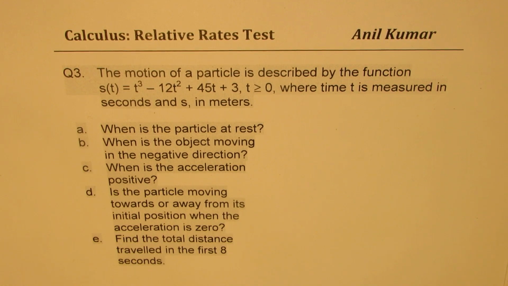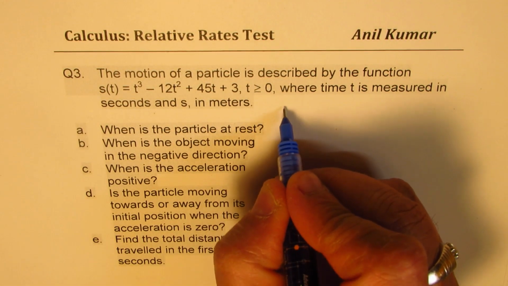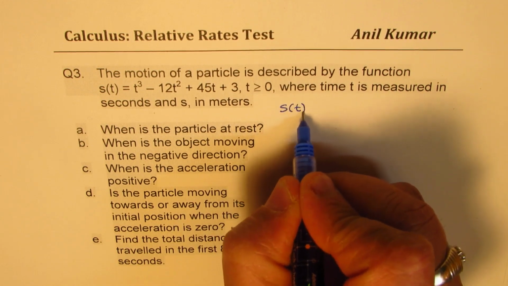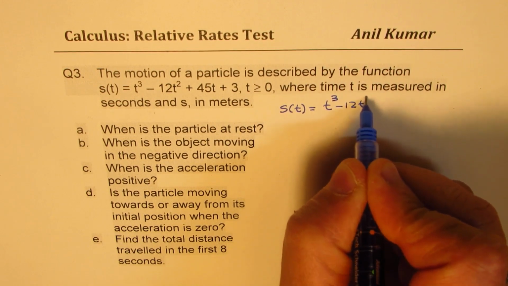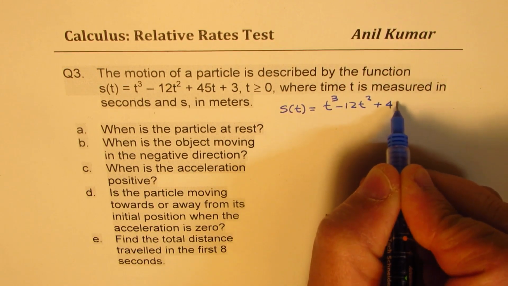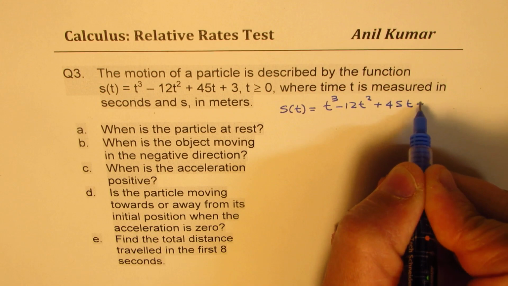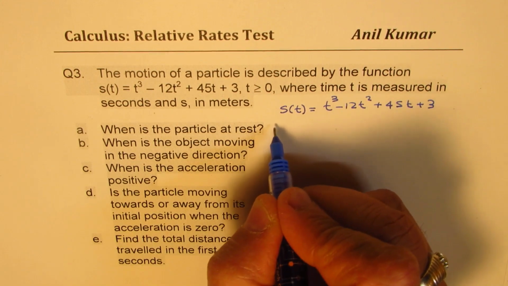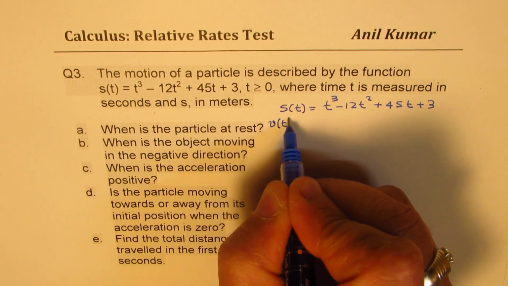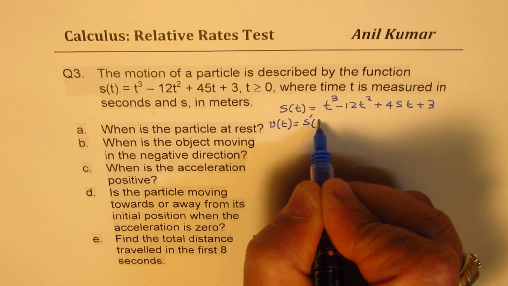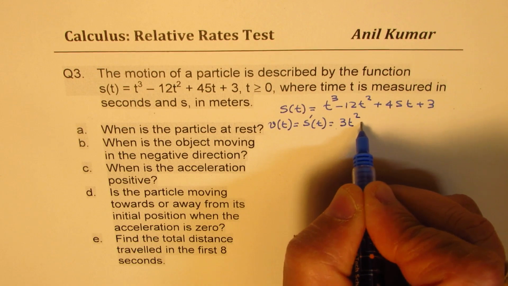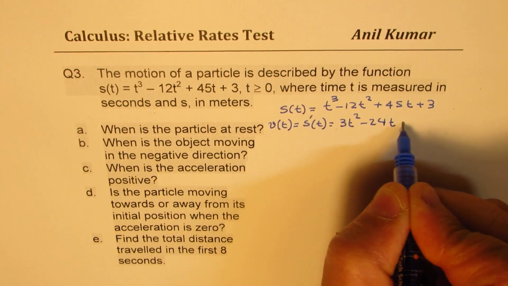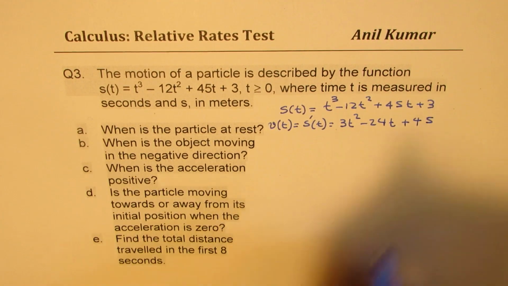Now this is a displacement, velocity, acceleration application. Let's begin with the displacement function, which is s of t equals t cubed minus 12t squared plus 45t plus 3. The derivative of this will give us the velocity, right? So velocity is equal to the derivative of displacement, which will be 3t squared minus 24t plus 45.